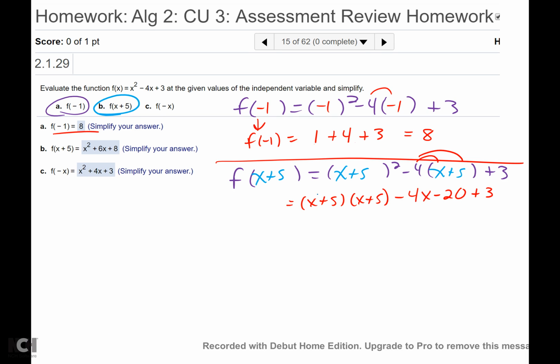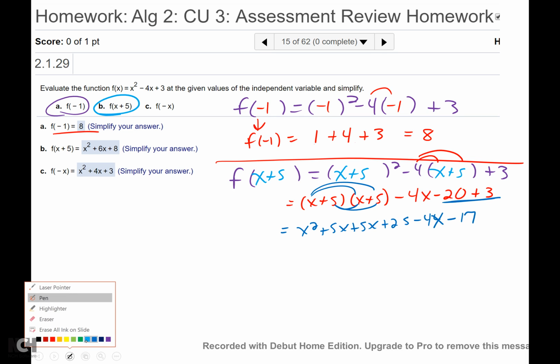Keep simplifying. I've got to distribute. That's x squared plus 5x plus 5x plus 25 minus 4x. And I'm going to go ahead and combine these right now, minus 17. Now combine like terms and clean everything up.